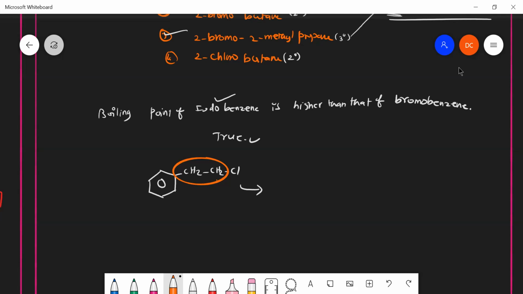So this is a long chain. So this is the first carbon, second carbon. So 1-chloro, 2-phenyl, ethane. 1-chloro-2-phenylethane is the IUPAC nomenclature of this one. Is that clear or no? Yes.